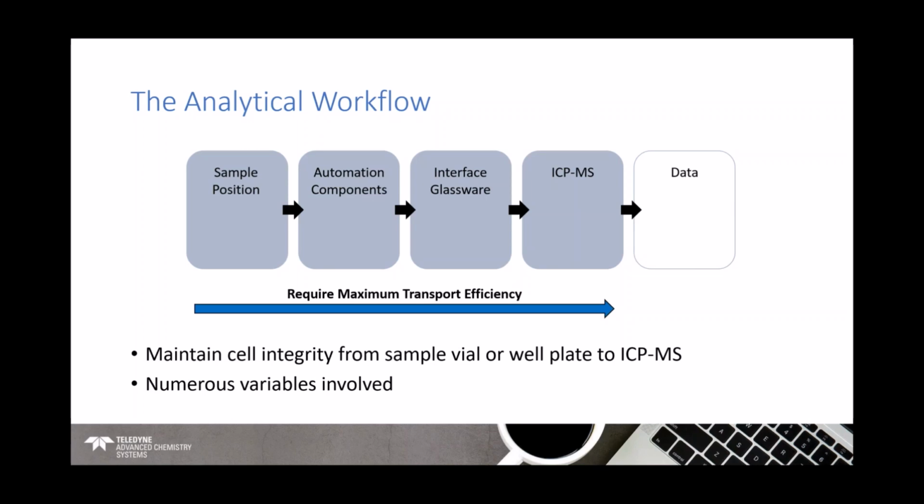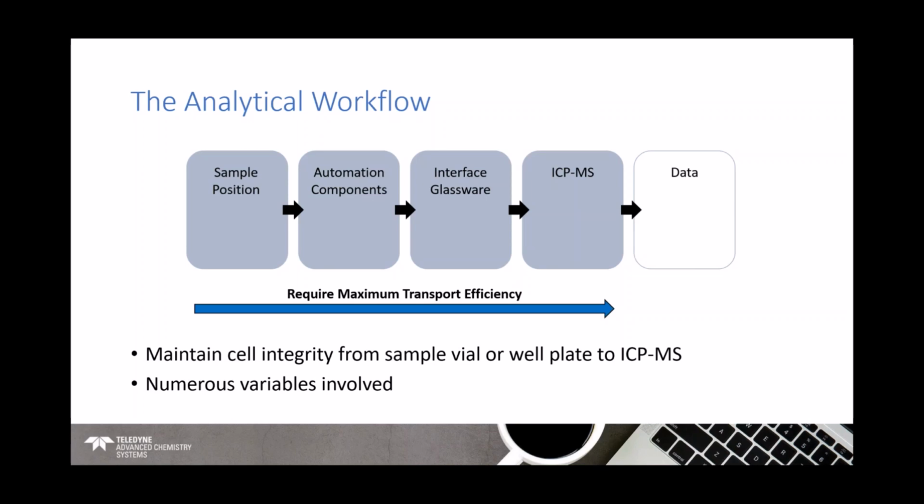You want what they refer to as the maximum transport efficiency. You want to maintain the cell integrity for as many of those cells as possible from one side to the other, which is where the key to this lies.